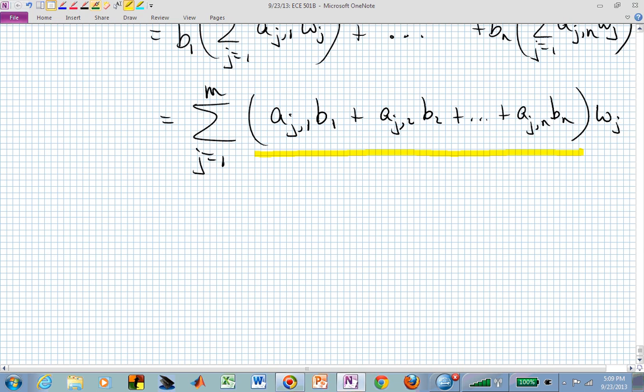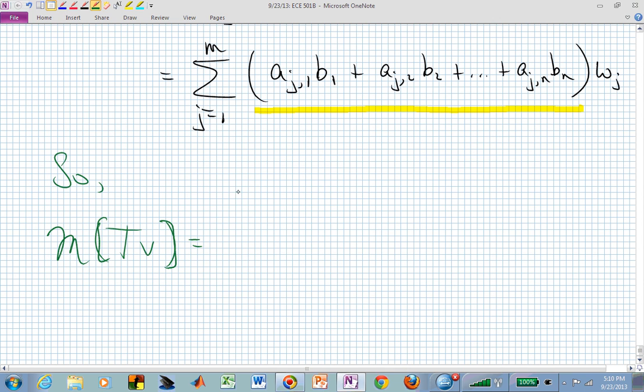Meaning, I can now say that TV, well, maybe I should say TV is just the linear map. I want the matrix representation of TV, that's now going to be A11B1 plus A12B2 plus A1NBN.